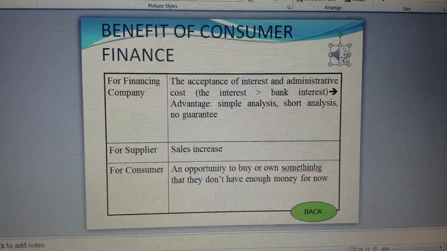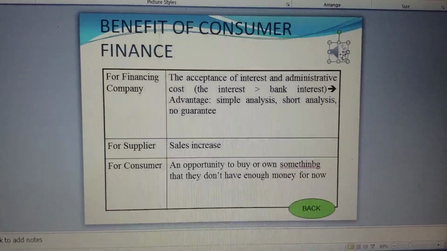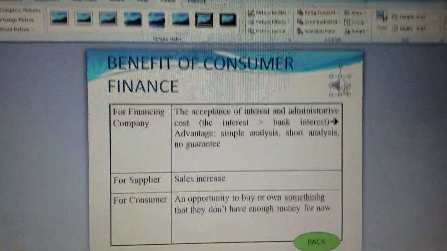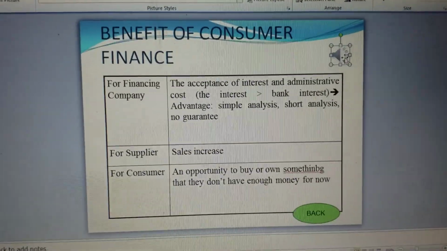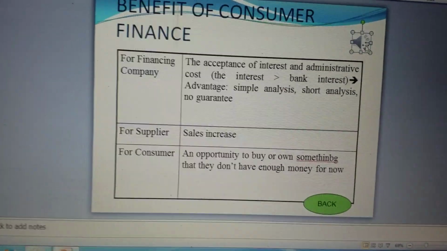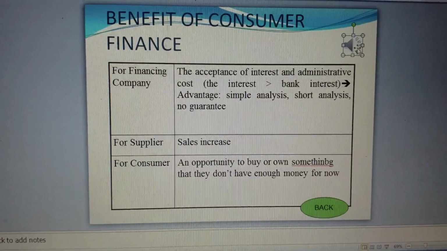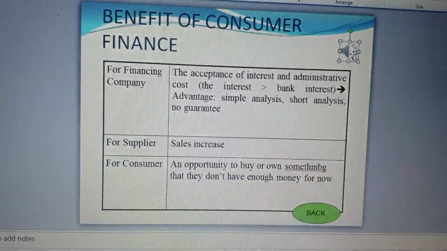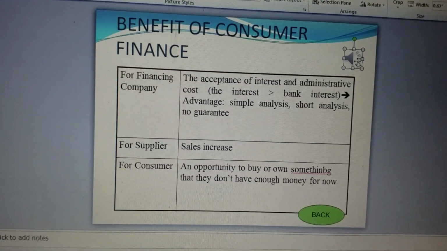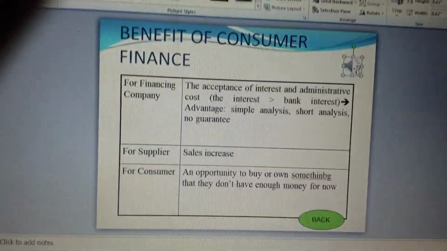In addition, consumer financing is not always just in the form of vehicles or housing that you can use for your life, but also other types of consumption, like education.